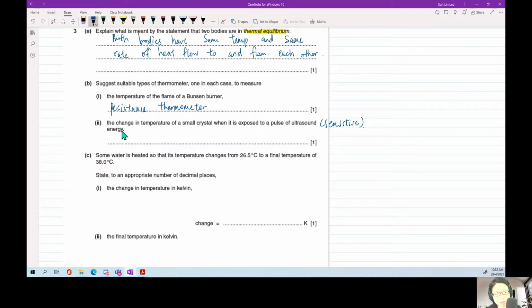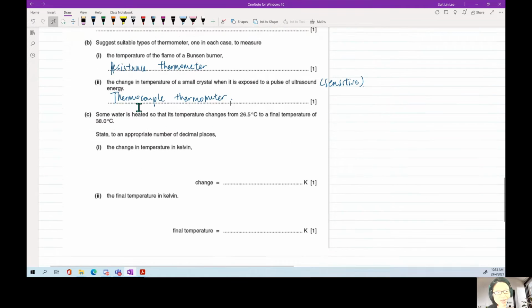For sensitive thermometers, we would suggest something like the thermocouple. You don't have to know how it works. Just know that this is a sensitive one, and the other is the one that can have a large range of temperatures.